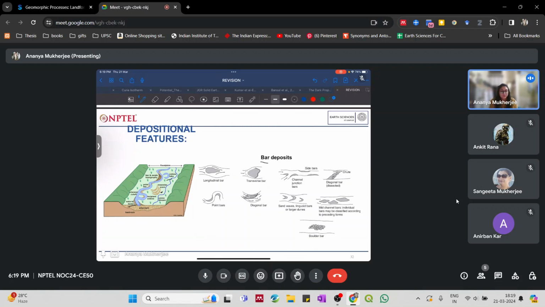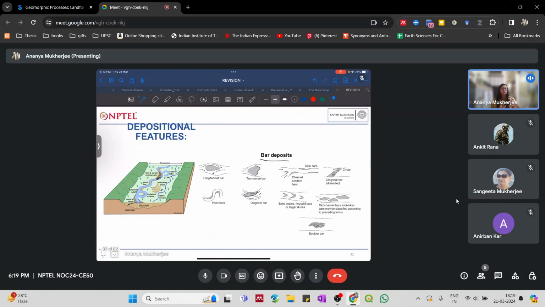And then you have bar deposits. Bar deposits mostly occur either along the banks of the river or in between the river channel also. When you have a lot of sediment load being carried down, and it meets a drop in the rate of flow of the water in the channel, then the sediment starts getting deposited and built up in between the river channel itself.